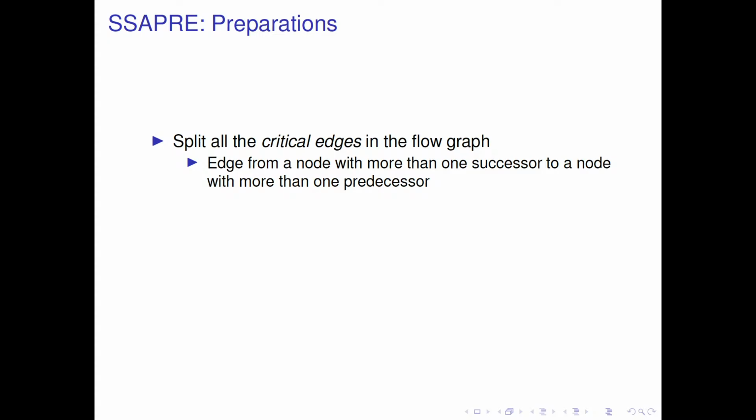How do you solve this problem? As I said, this is a standard issue, so the solution is also standard. You introduce a new node in between. Now there is no critical edge.